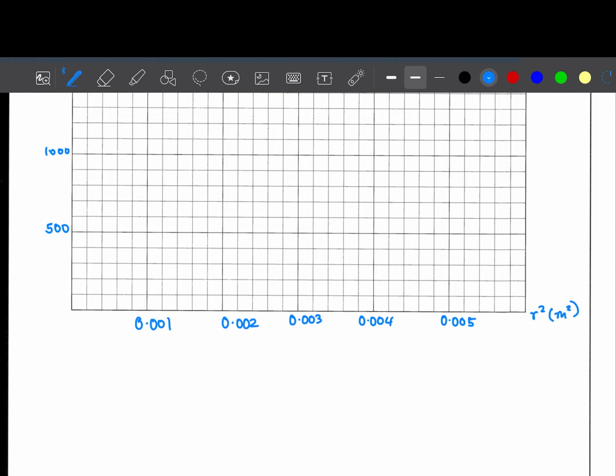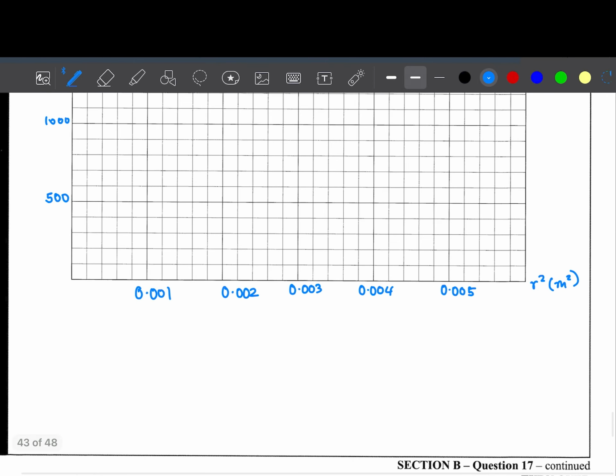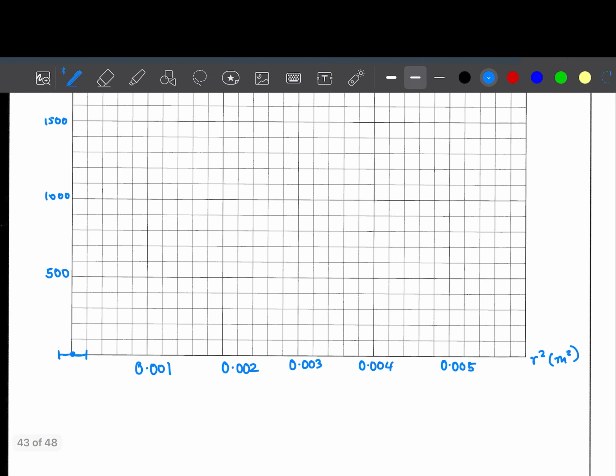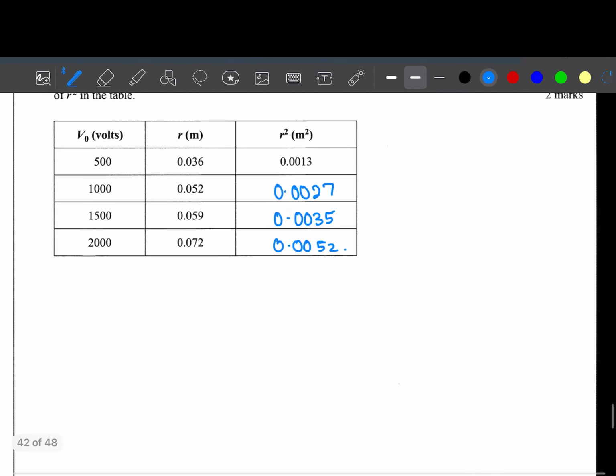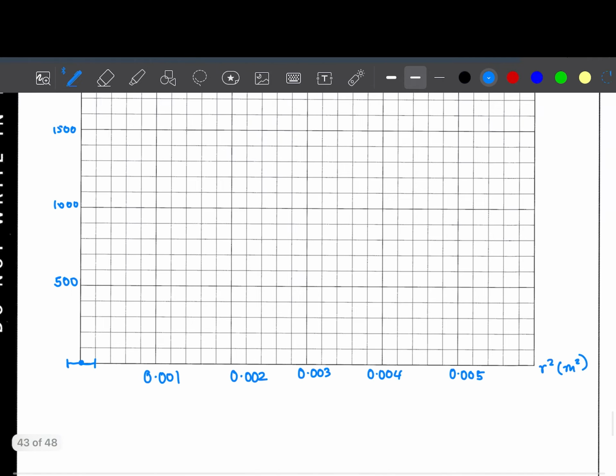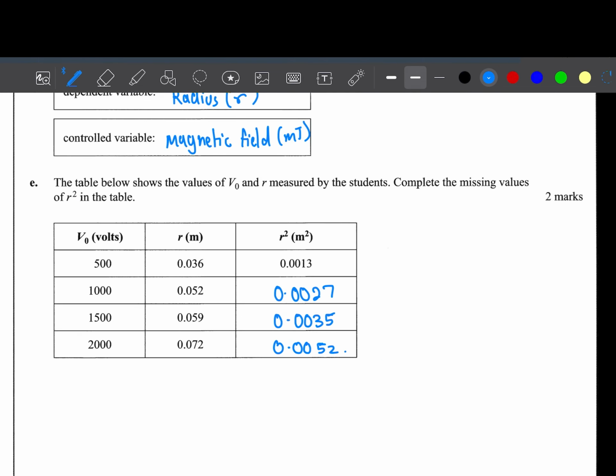Okay, so plotting the first point for V. The point is going to be here, and the uncertainty is going to be here, and the same amount on the other side. What will be our next coordinate? Oh wait, we do have a coordinate before that.